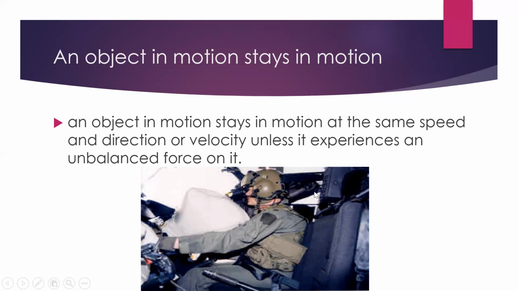Now he has all the speed, direction, velocity of the car, but when the car stops suddenly, this man still has the same speed and direction of the car. That's why after the car stops, he will go forward.